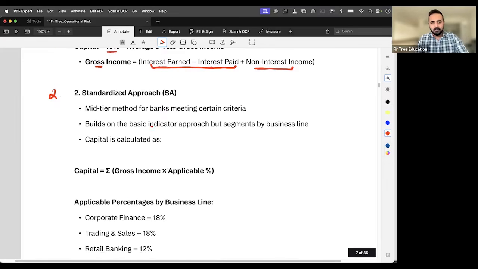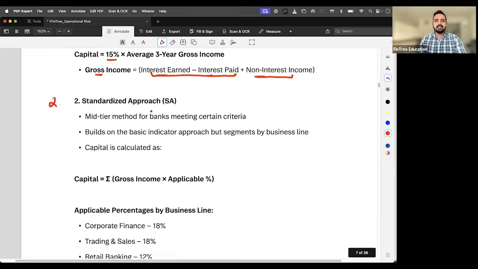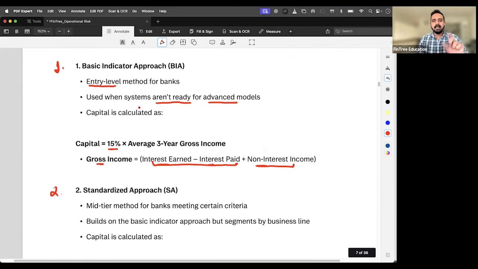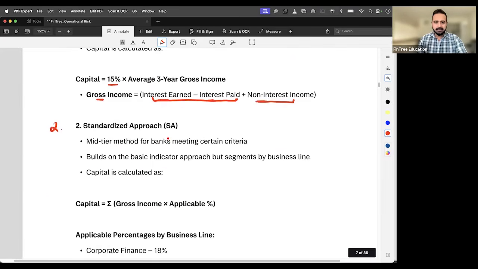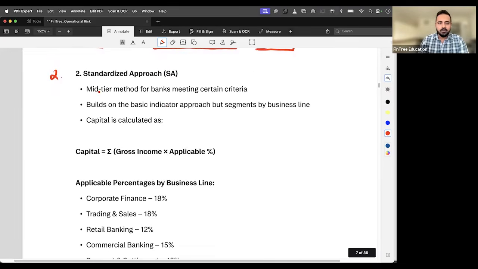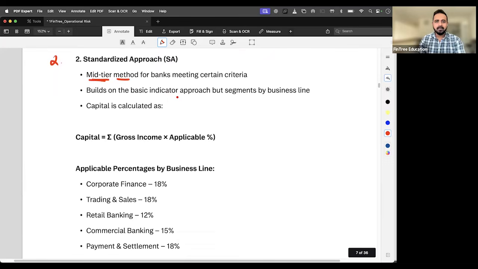Now, slightly more advanced. Sorry, I made a mistake. I said business line wise. No, the basic indicator was a total approach, total at the bank level. And the standardized approach was more suitable for a mid-tier type of method, not too advanced but not too basic either. Now, you still need to calculate gross income, but segment by segment based on your multiple business lines.